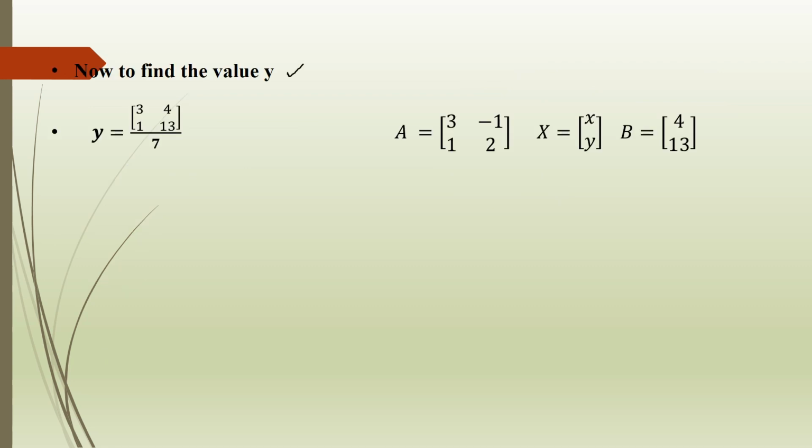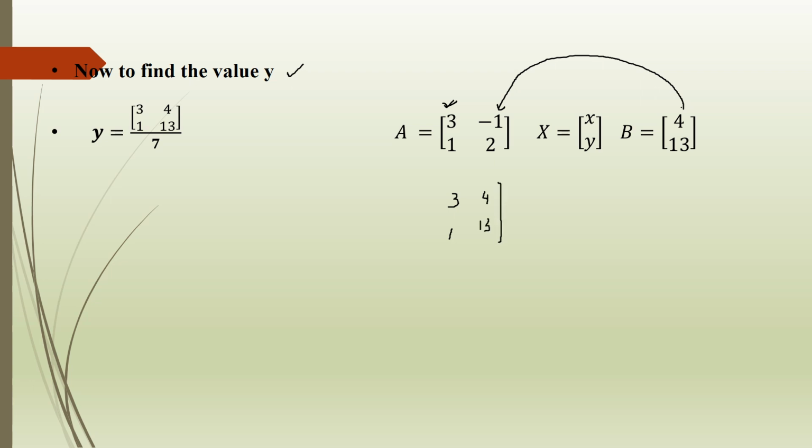Okay, so here we need to find the value of y. Look here, to find the value of x we put the value of b in place of the first column. Now for y, the first column of A will stay the same, and in place of the second column it will be replaced by b, so it will become 3, 1, 4 and 13.